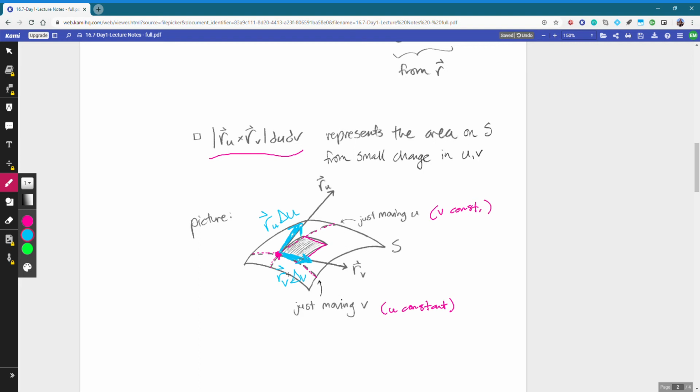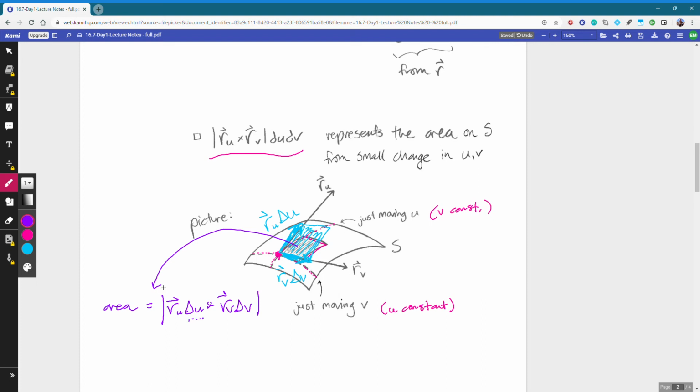And once we have these two vectors, right, we can look at the parallelogram that they define. And we have a nice formula for the area of a parallelogram, right? Way back in the days of chapter 12, the area of this thing is the size of the cross product, the size of r_u Δu cross r_v Δv.